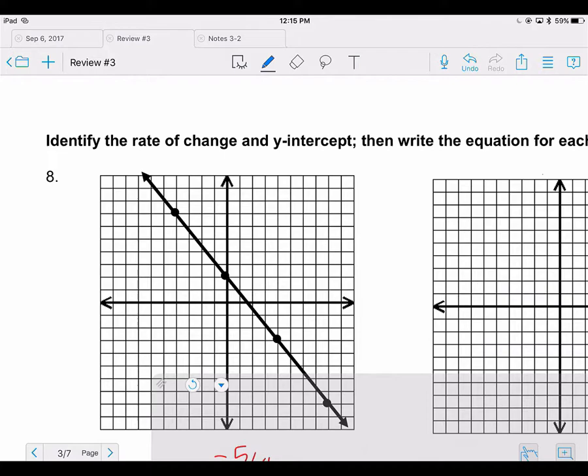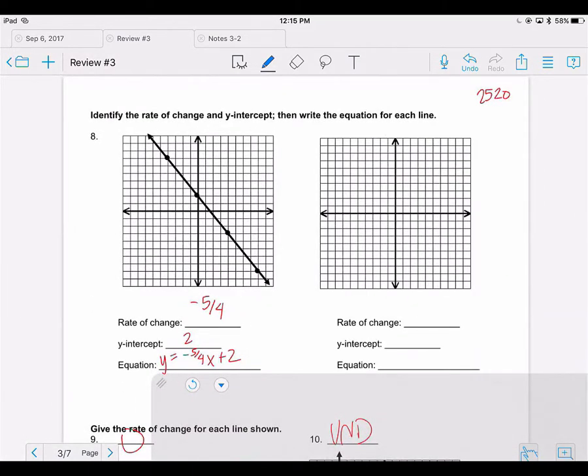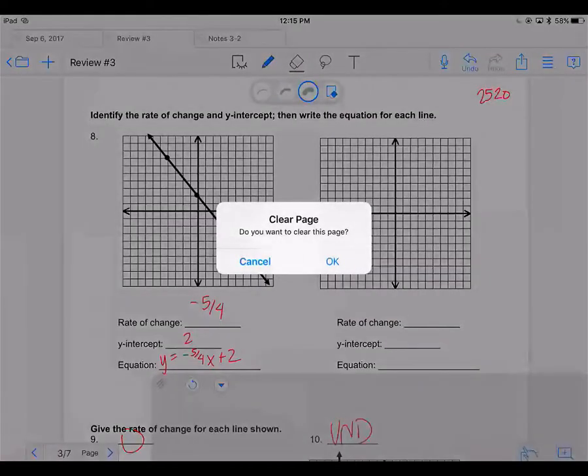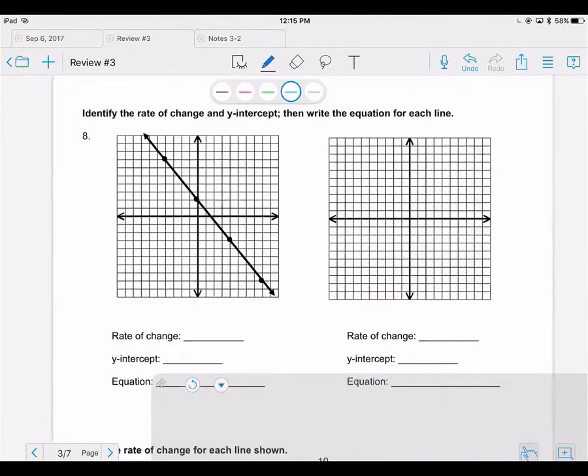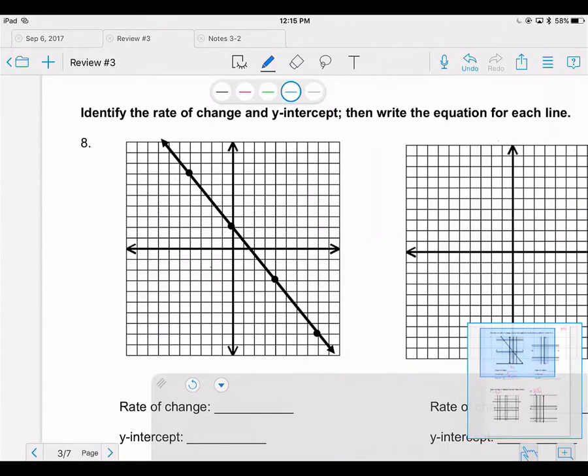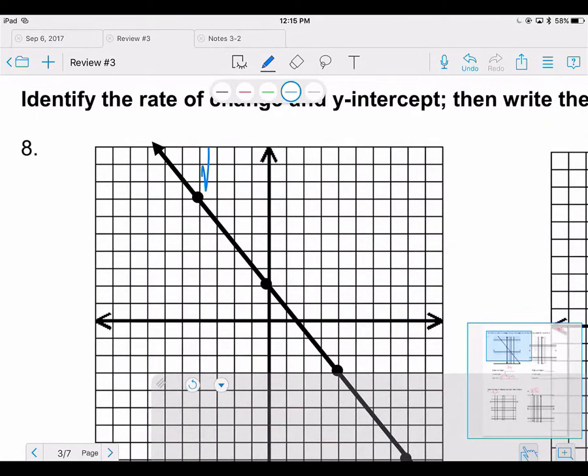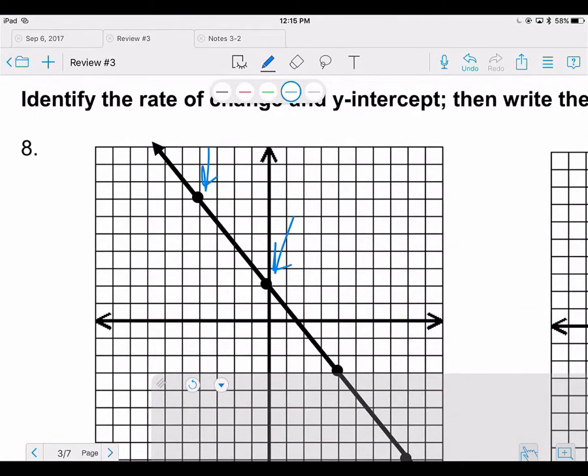On problem 8, we are asked to identify the rate of change and the y-intercept and then write the equation for each line. So on problem 8, for my rate of change, I'm going from this point to this point. We always go left to right. So we're going to go down 1, 2, 3, 4, 5, and then to the right 1, 2, 3, 4.